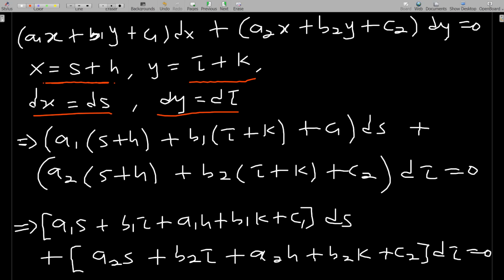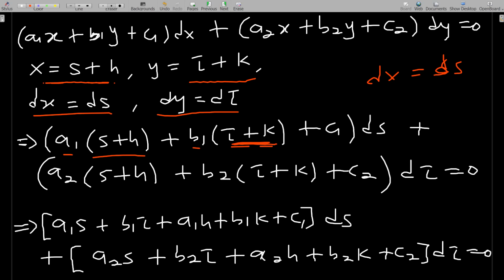When I put x equal to some capital S plus h, I put it here, and y equal to some tau plus k, then plus our c1, then ds. Since we said that dx is equal to ds, just put that there. And we still maintain our a1s and b1s and the rest.